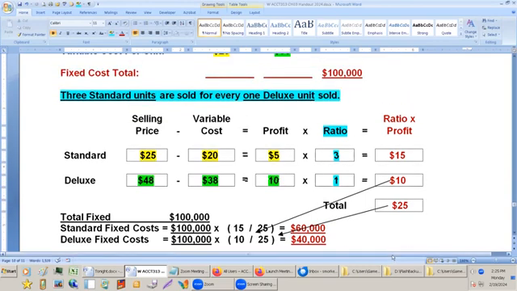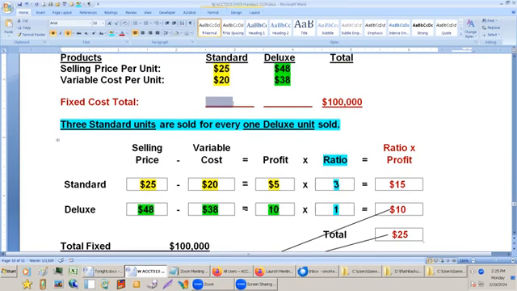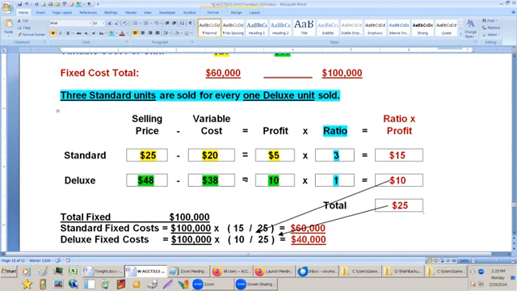So this is what we would do up here: the standard will get 60 and the deluxe will get 40. Now we can do our break evens.